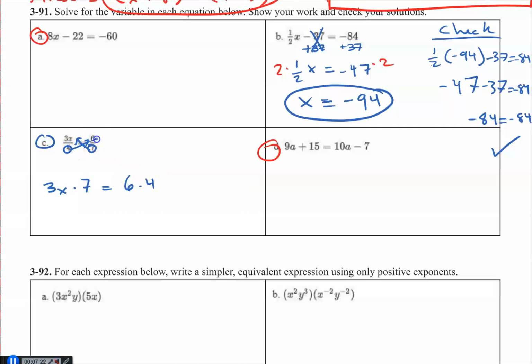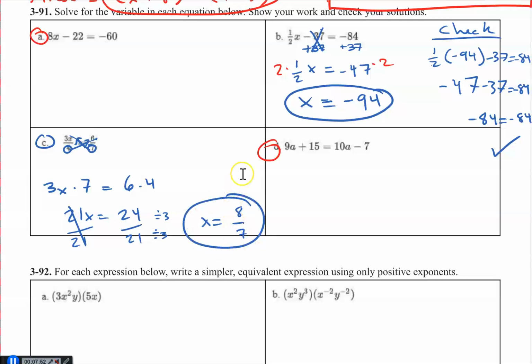So the 4 came across to the right, 7 came across to the left. 3x times 7 is 21x. 4 times 6 is 24. Divide both sides by 21, and x is equal to that fraction, which you can simplify. You can divide the top and bottom by 3. So x is 8 over 7.